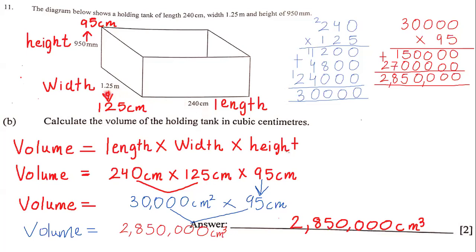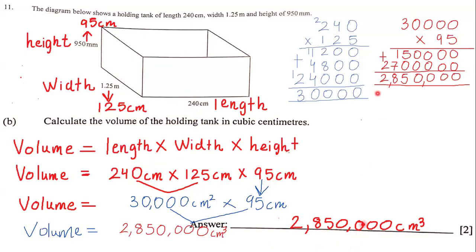Then 915 millimeters we change into centimeters by dividing by 10. So we have 240 centimeters, 125 centimeters, and 95 centimeters, and we just multiply them out to get 2,850,000. That makes sense? Yes, sir.